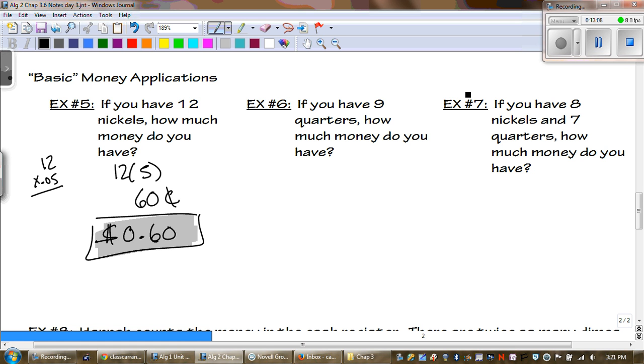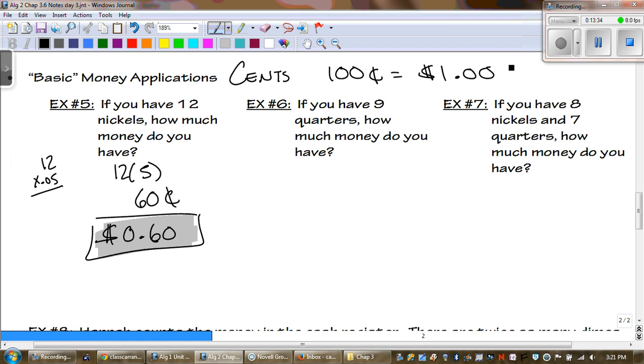We move the decimal at the very end, okay? And the reason that we just did that, we're like, well, cents, okay? Cents, we know 100 cents equals exactly $1. Okay, example number 6.